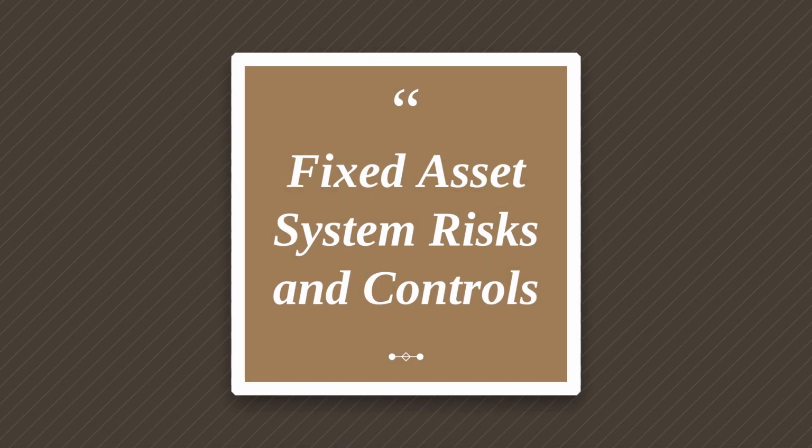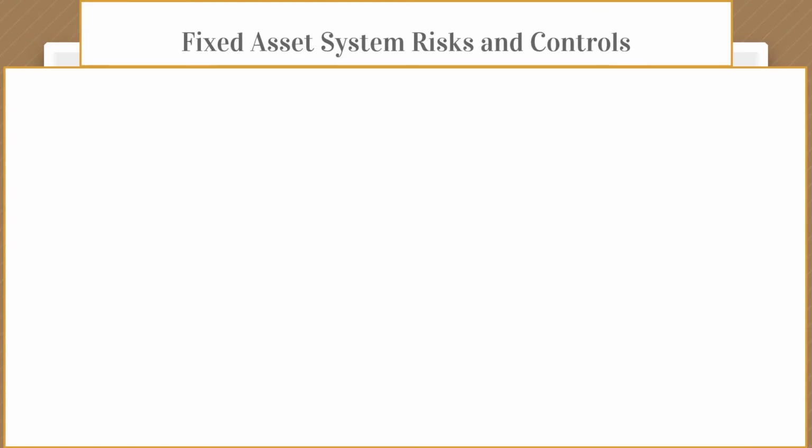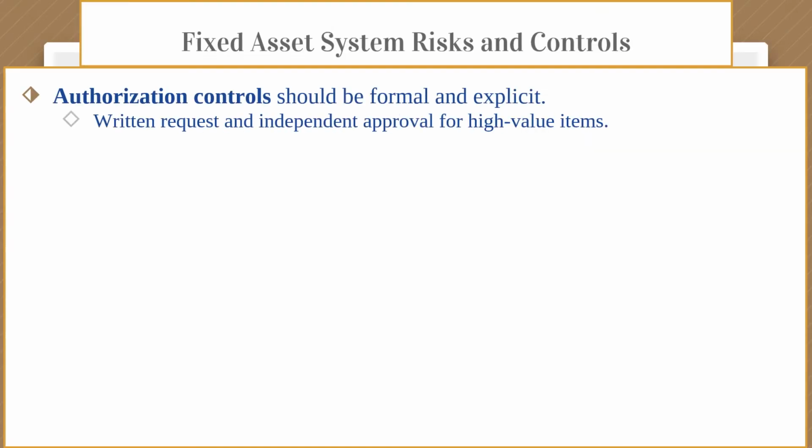And now we are going to talk about the risks and controls associated with fixed assets. So, fixed asset system risks and controls. The first is authorization control, which should be formal and explicit, with a written request and independent approval for high-value items.